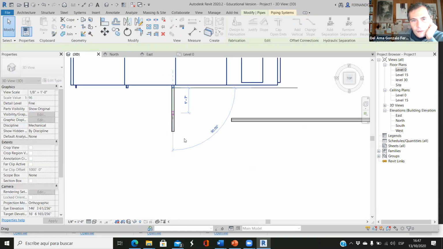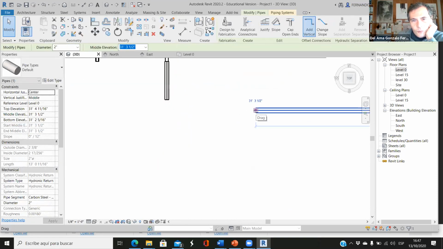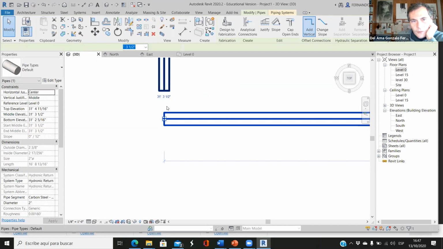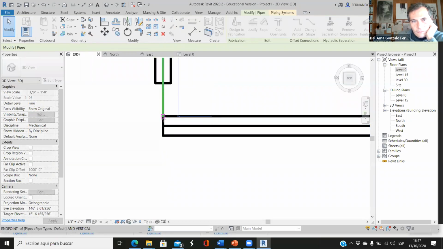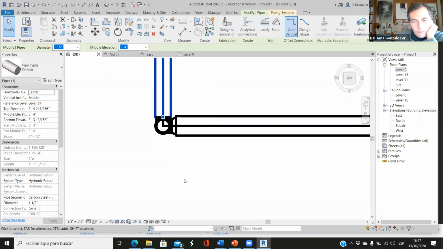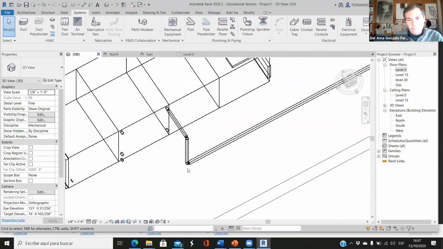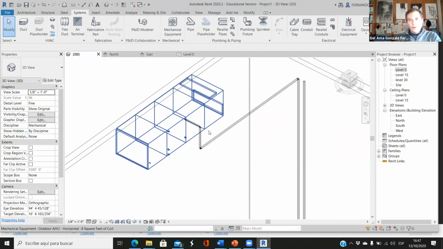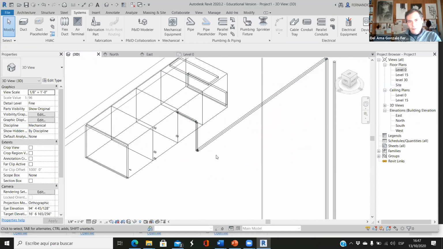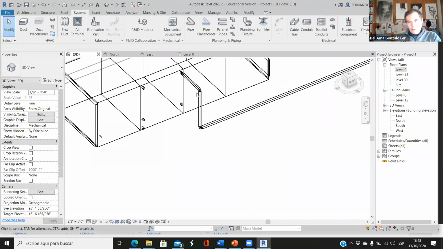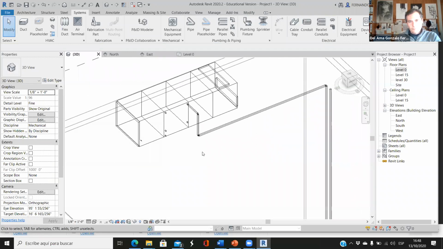Okay, so let's move it here. So now we are in the same axis. And now if we just drag this point here, oh, I love REVIT. Okay, so we don't have to worry about this because REVIT connects everything vertically with the right elbows.